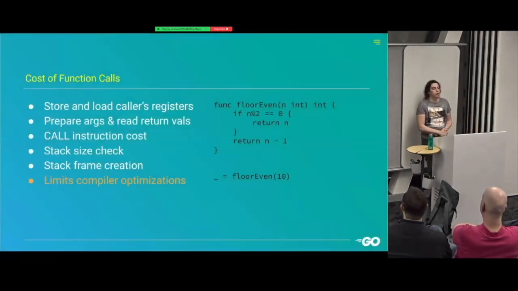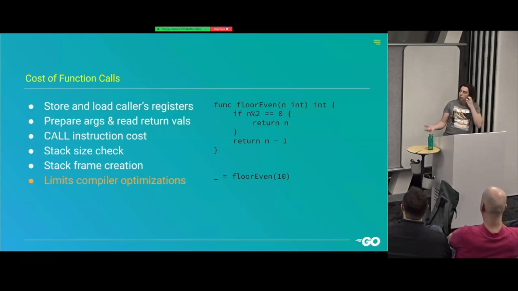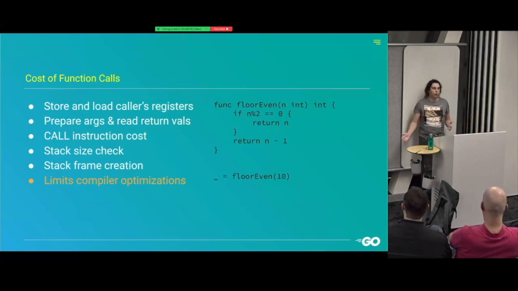Here, the compiler could actually conclude that the return value will be just 10. It's obvious. But because there is the function call, the compiler actually doesn't see it. We will see other optimizations later, but long story short, the function call blocks some optimizations of the compiler and forces it to produce more generic code, which in general means slower code.